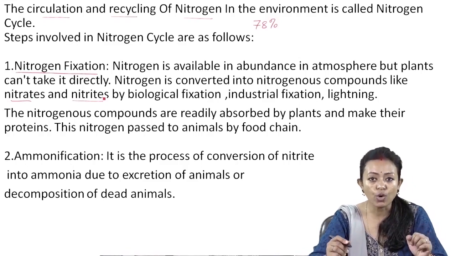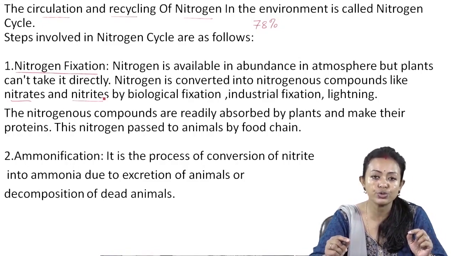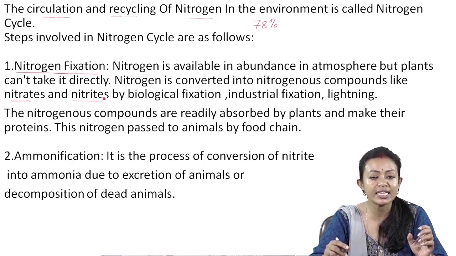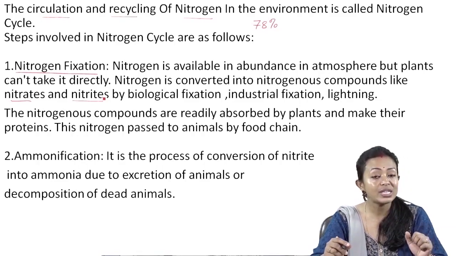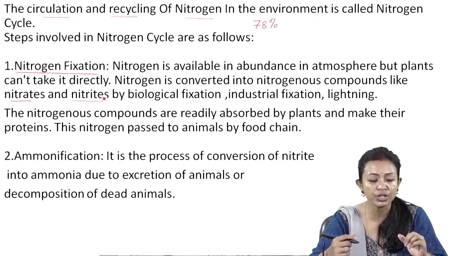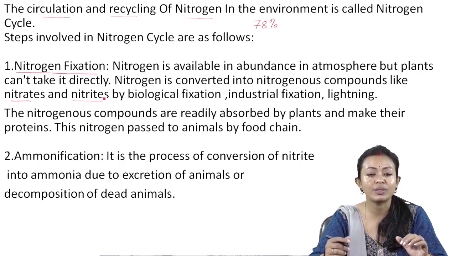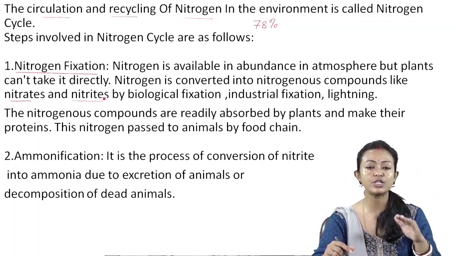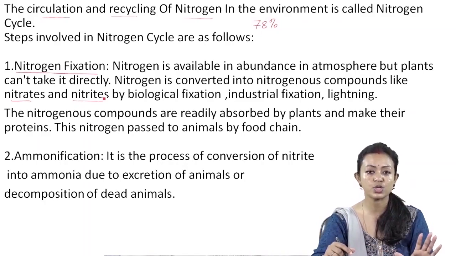In dicot plants, that is the leguminous plants, there are root nodules in the roots, which are the home of nitrogen fixing bacteria like rhizobium. Also the soil contains many nitrogen fixing bacteria. Now what do these nitrogen fixing bacteria do? They convert the nitrogen of the atmosphere into water soluble nitrates and nitrites, and they put it in the soil.